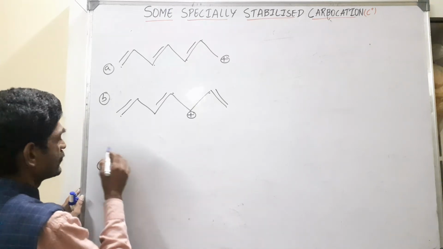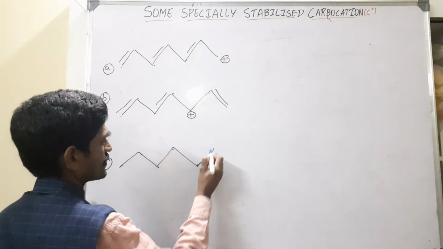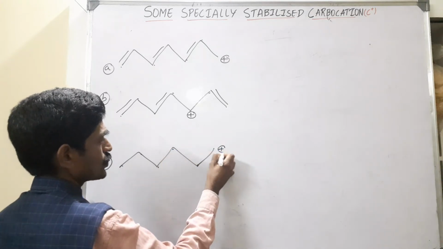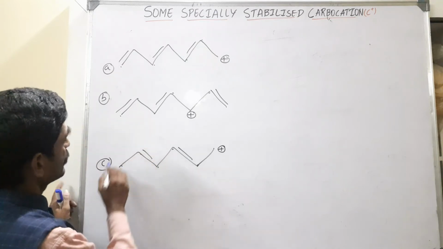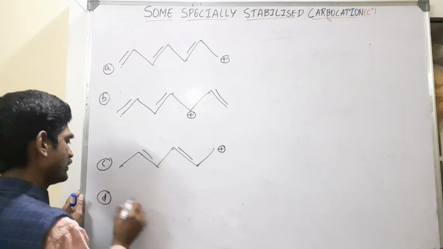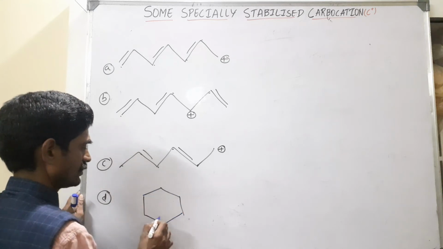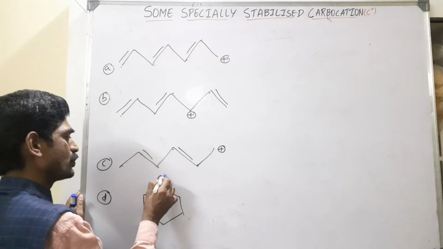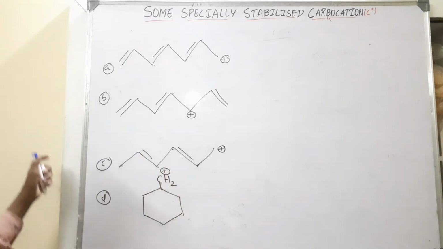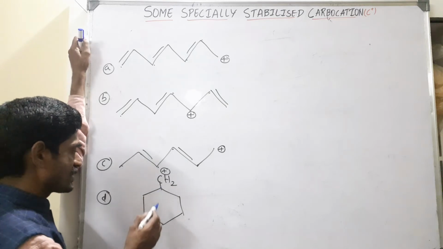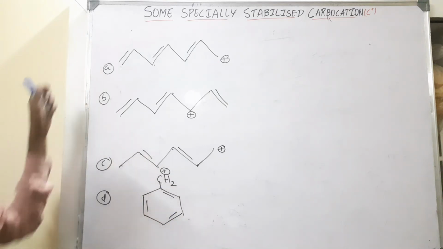And it is 1, 2, 3, 4, 5, 6. Here the positive charge is there, and here a pi bond. Next one. Here CH2 plus, and here there is a double bond, and here a double bond is there, right?